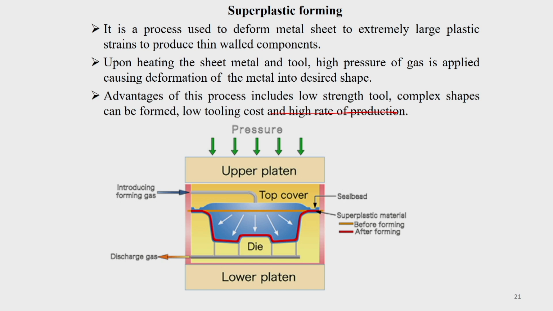The principle behind this is that when you want a material to have superplastic deformation, the general metallurgical requirements are that it should have a very fine grain size, between 5 and 15 micrometers in diameter, not higher than that. The structure should contain two phases.